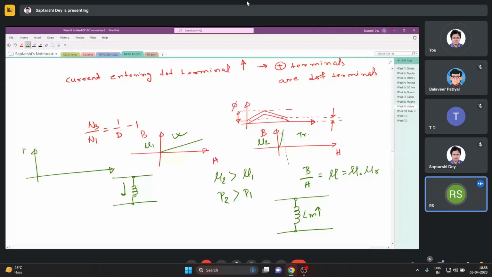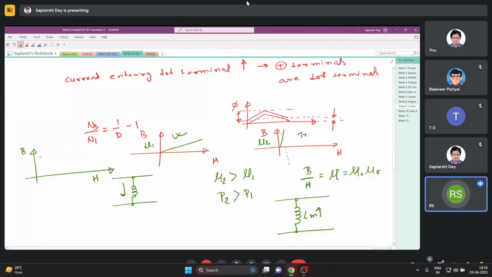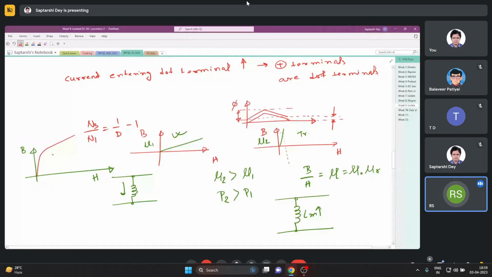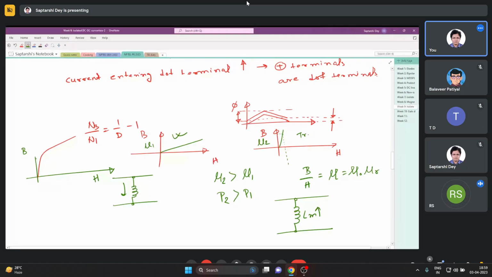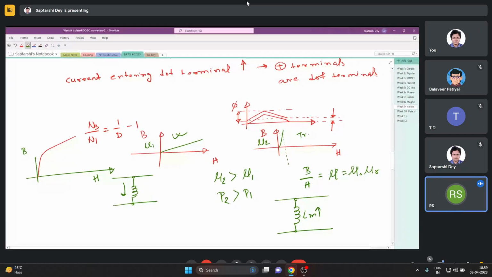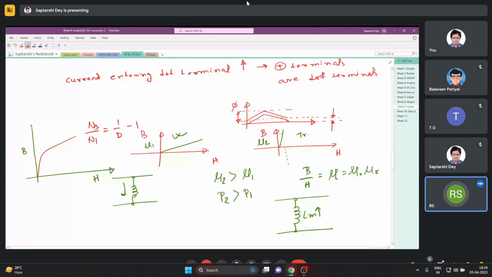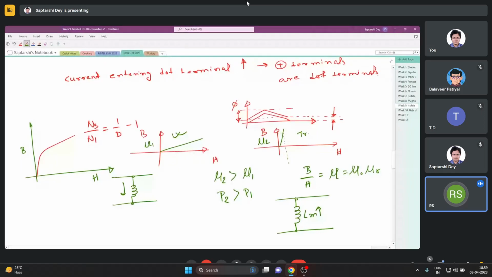Since the permeability is lower, the flux change in the saturation region is less, so the voltage induced is also less. Yes, because the flux change is less in the saturation region for the change in current. So the voltage induced is very small compared to the linear region.